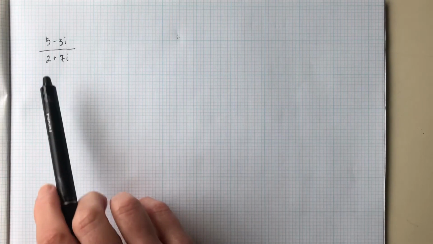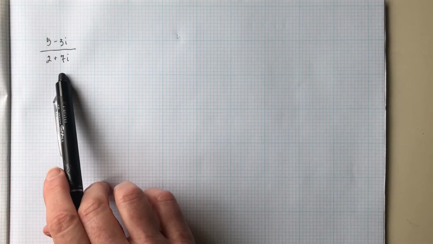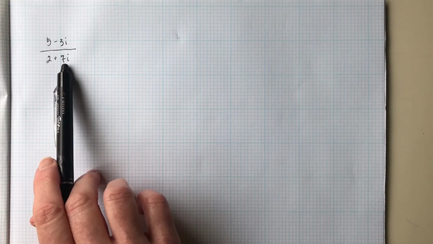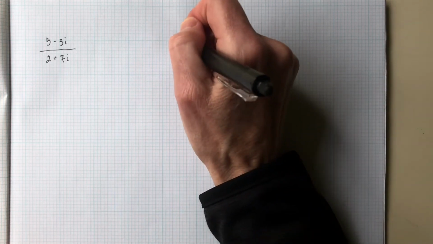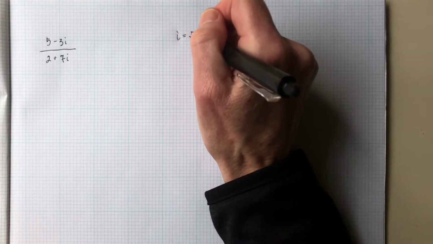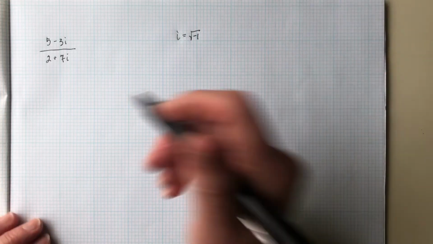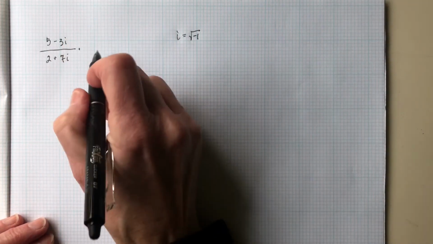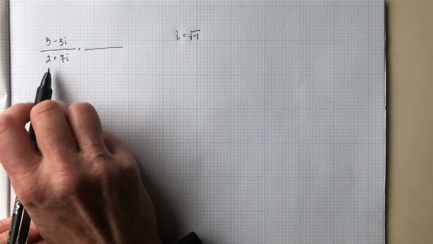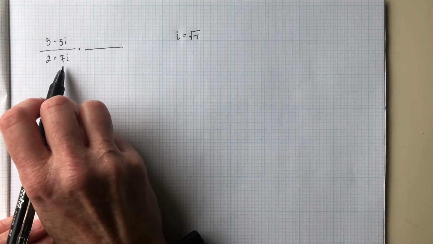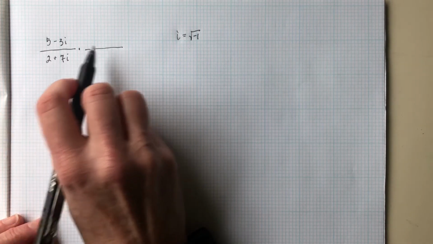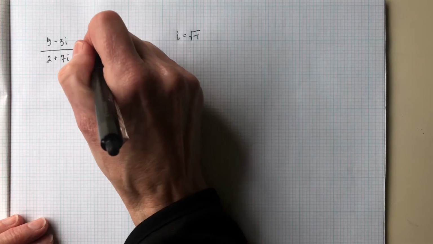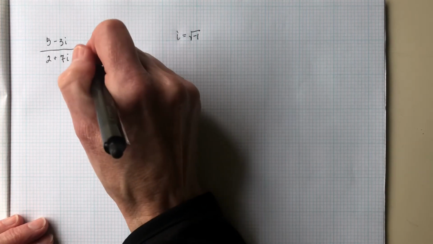The technique of multiplying by the conjugate also applies if you have i in the denominator. Remember, that is a radical because i equals the square root of negative 1. So multiplying by the conjugate in this case, so notice we have 2 plus 7i here. So what will we need to put over here? We have to put 2 minus 7i.